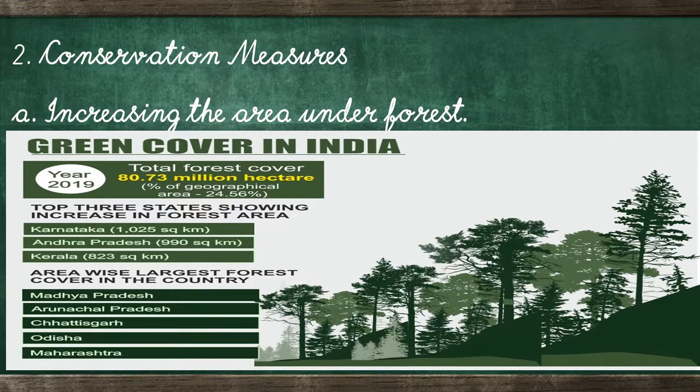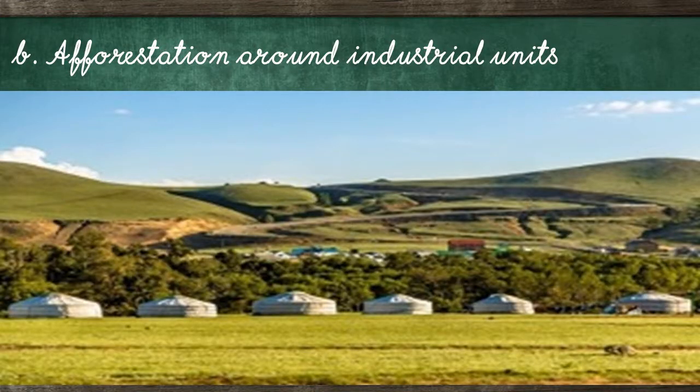It is planting of trees on degraded lands, and land that is unfit for agriculture will not only help in improving the environment but will also relieve harvesting pressure on these forests. Karnataka, Andhra Pradesh and Kerala are the top 3 states showing increase in the forest area. Next is afforestation around industrial units.